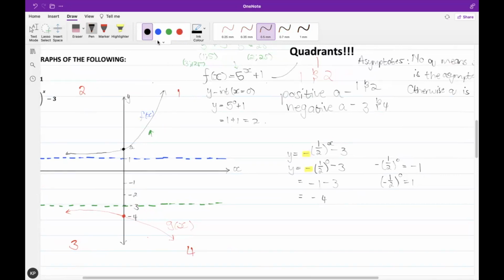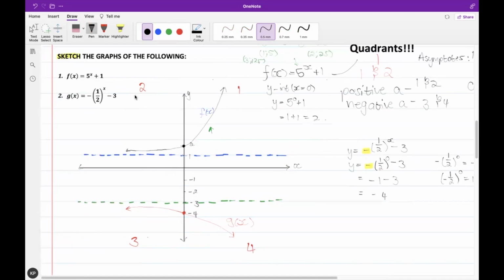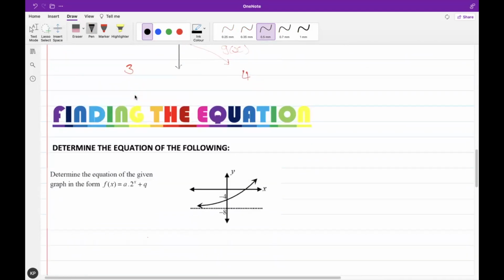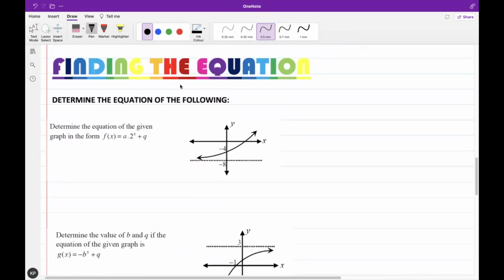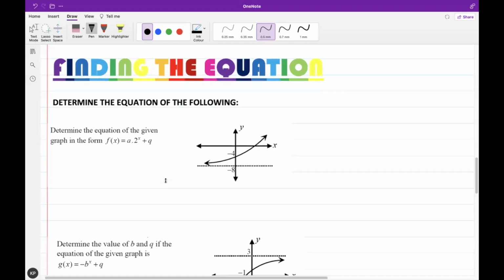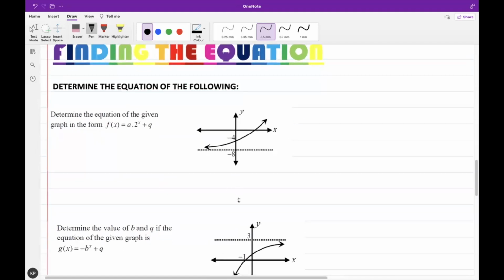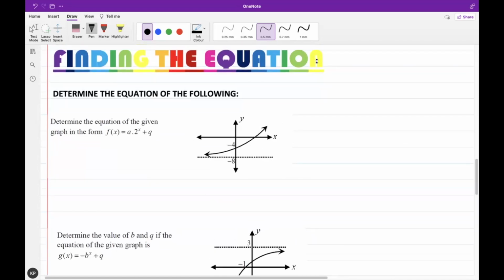All right, guys. Okay, now let's see here. We have to find the equations of these following graphs. Now, this is not as bad as it seems because we have to use information given to us through the sketch, right? So let's look at the first one.